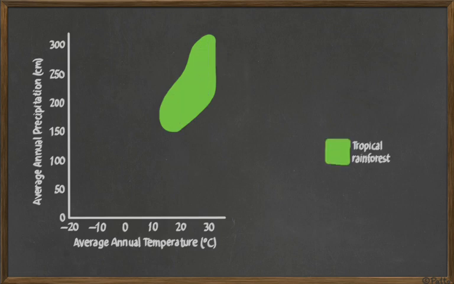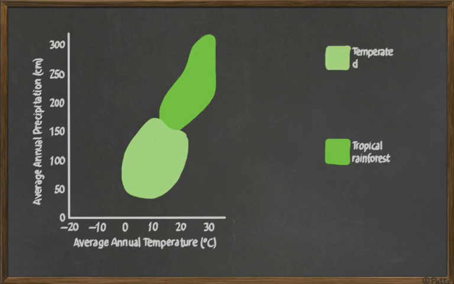So here you have a biome, tropical rainforest. It's quite hot and quite moist. High precipitation, high moisture is going to be determined for you to have a tropical rainforest. If you have lower precipitation and a slightly lower temperature, you can have a temperate deciduous forest.